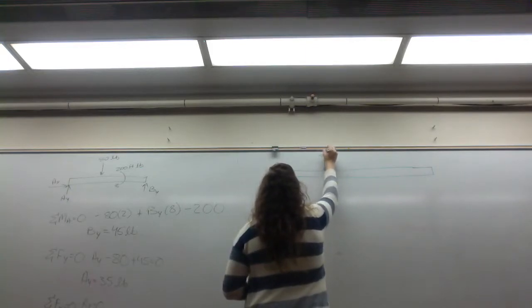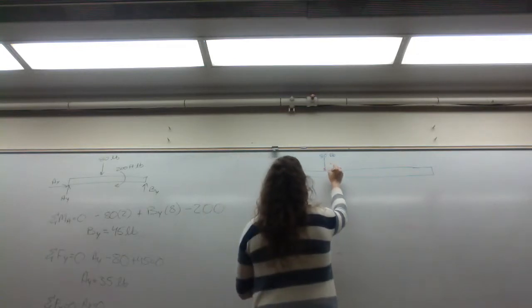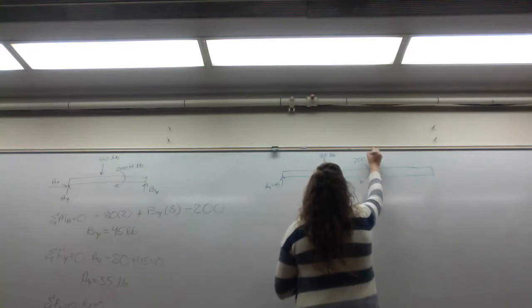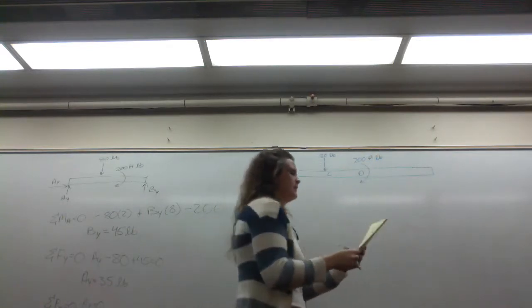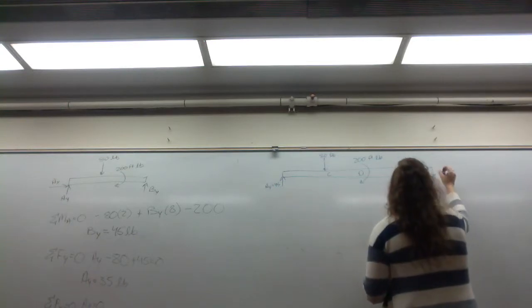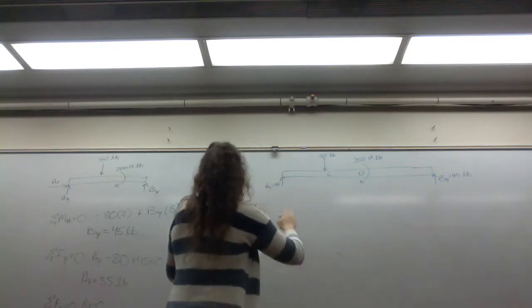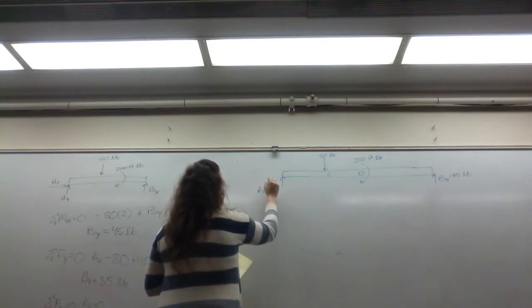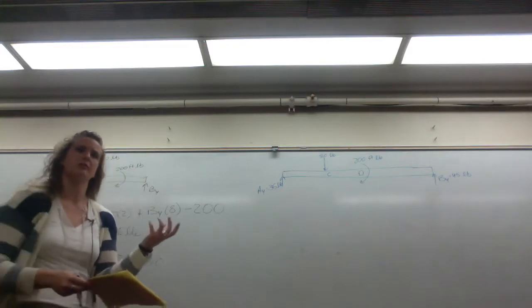We have an 80-pound applied load at C. We have a 200 foot-pound moment at D. And we have a BY of 45 pounds. Our loading conditions. We've blown it up.